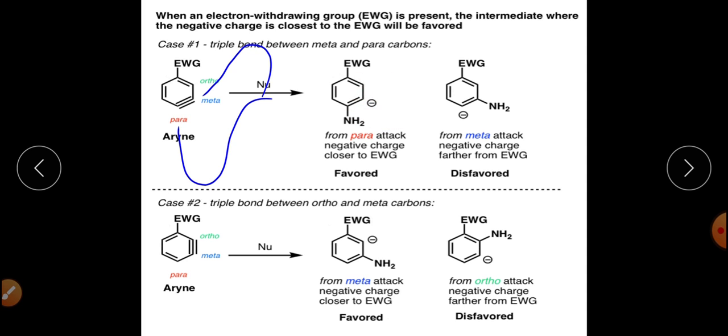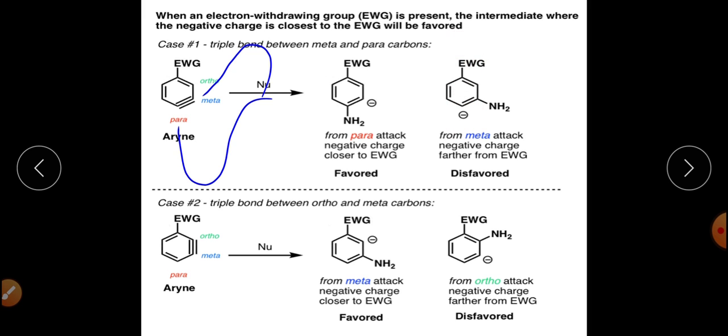When the nucleophile attacks at this position, this is the carbon which will bear the negative charge. Now, when we talk about the stability of the carbanion that has been formed, here this is the electron withdrawing group and this is the carbon bearing the negative charge, and here this is the electron withdrawing group and this is the carbon bearing the negative charge.